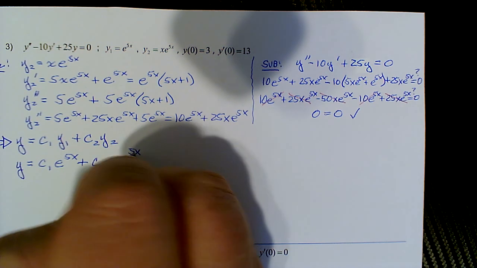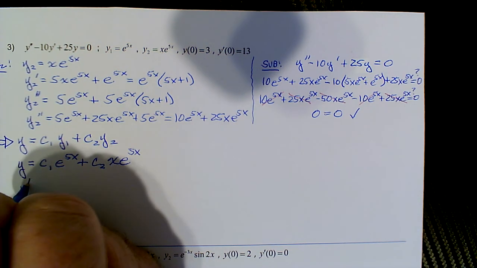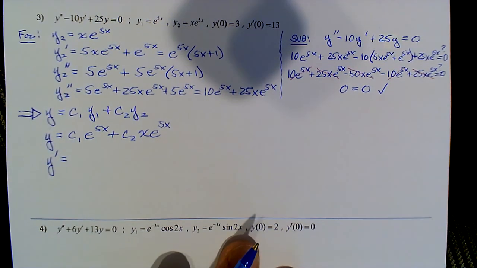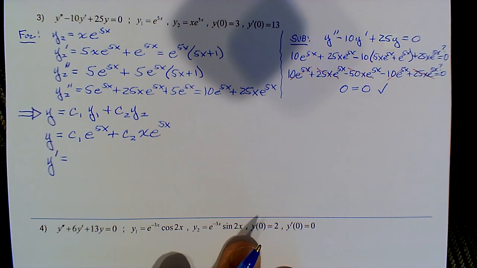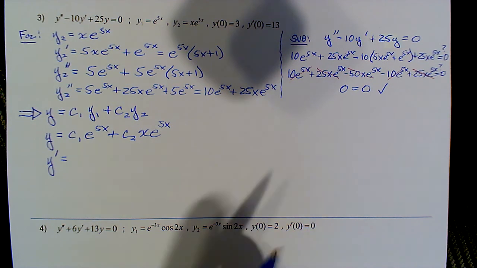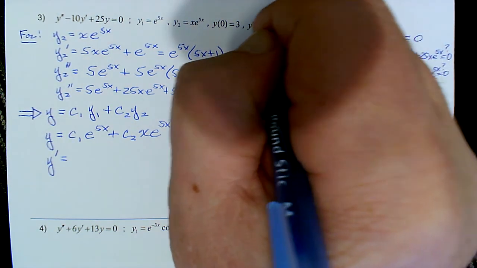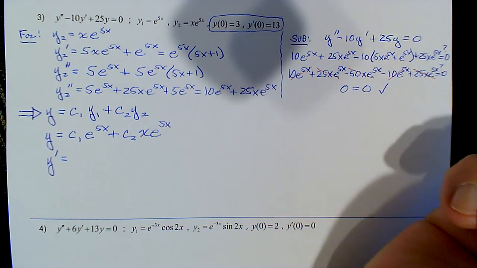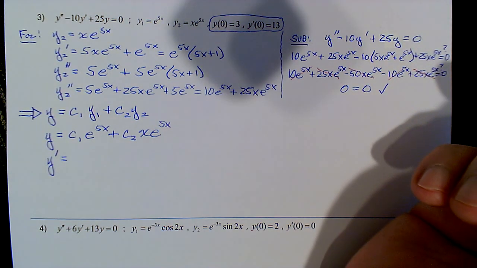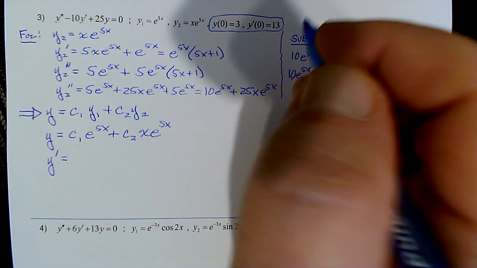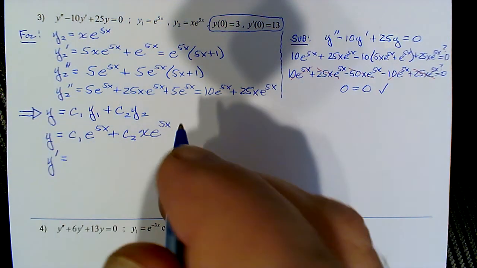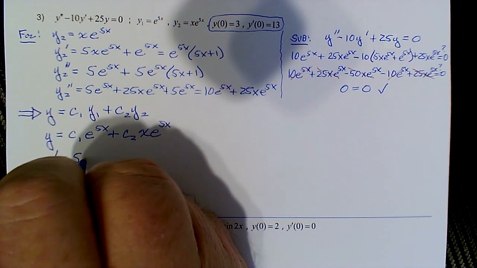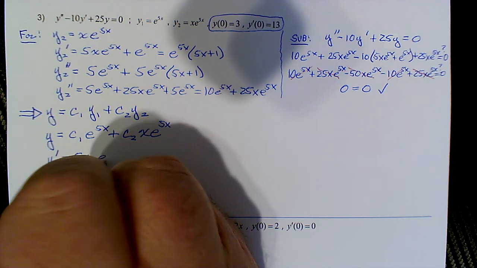Okay, but once again, when we use the principle of superposition and we want to find a particular solution based on the initial conditions, it's always going to be just the first derivative that we need to calculate, if it is second order. So we only need y prime here, and the first term, c1 e to the 5x, differentiates to be 5c1 e to the 5x.